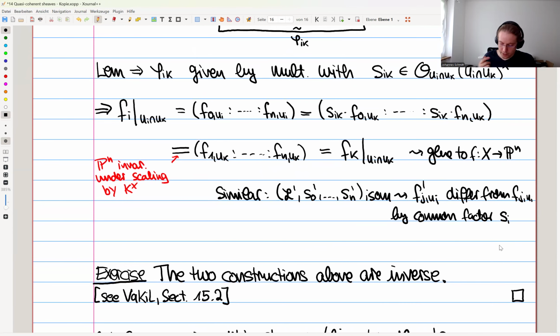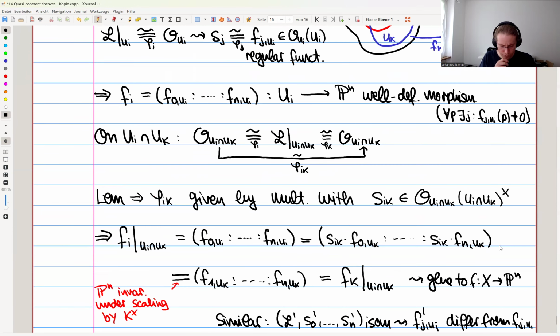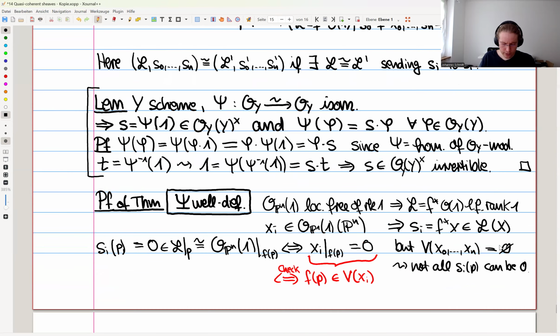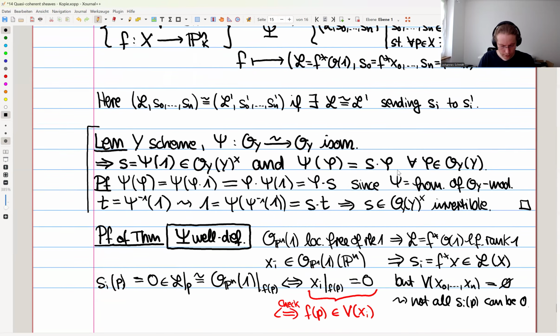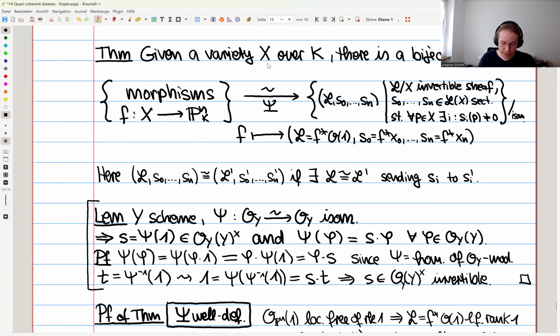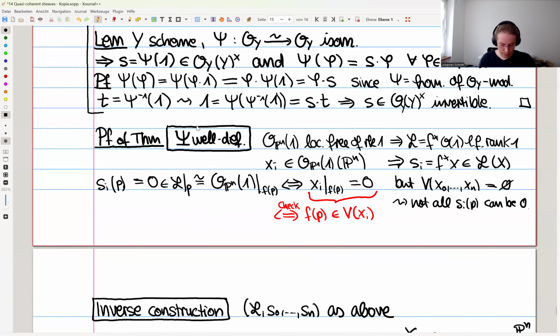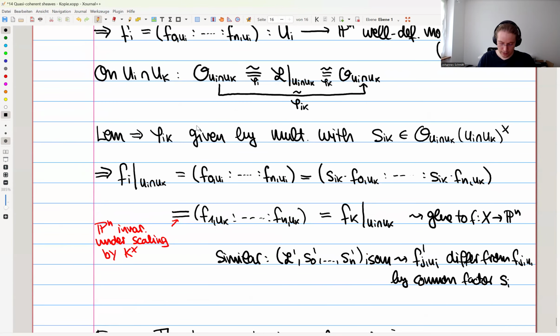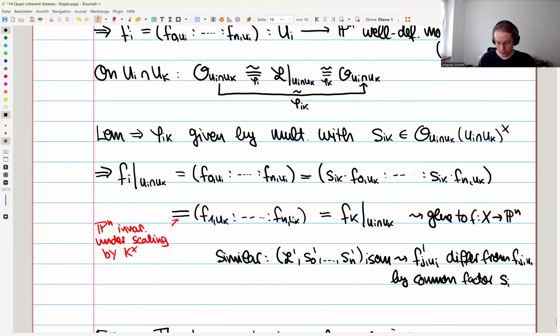Here, the place where we use that X is a variety is not so important: morphisms between varieties can be checked to agree, for example on these overlaps, just by checking what they do on points. So this made our life a bit easier here. But in fact, the theorem holds more generally.